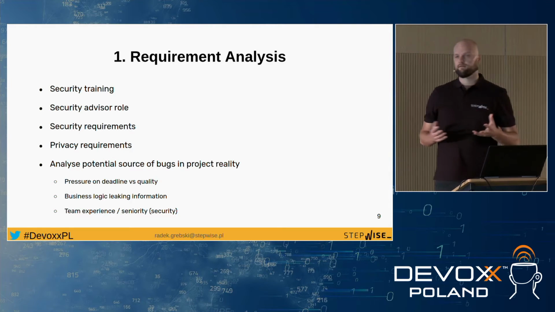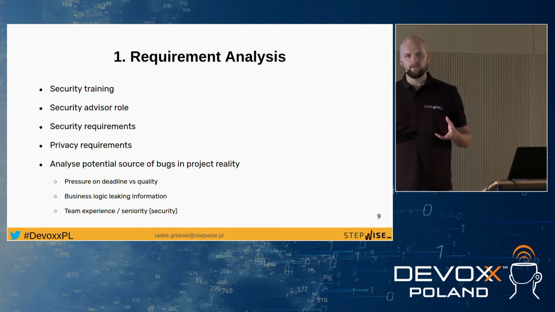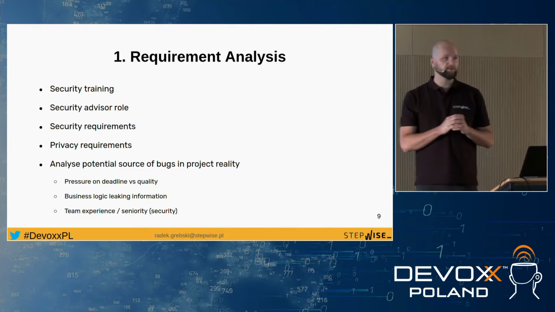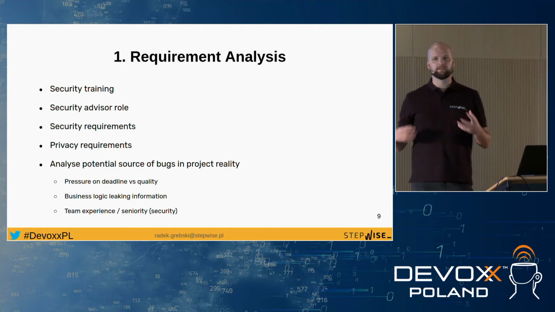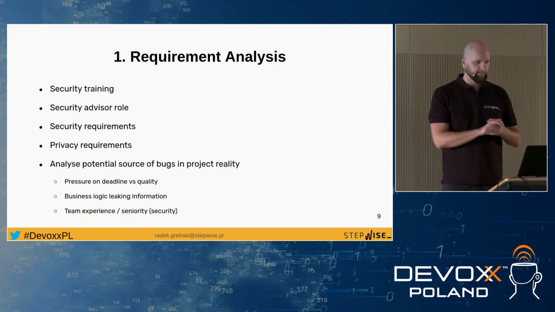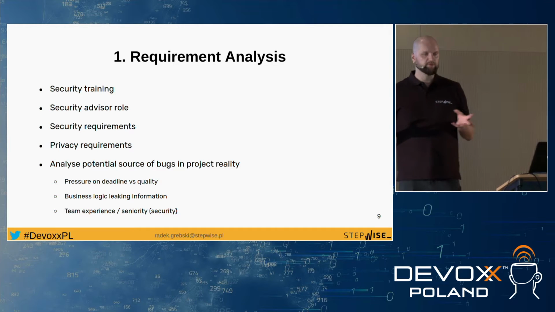This is the very early stage of our project or our sprint, whatever. At this stage, we should consider doing security training for our team and our company. Maybe there is someone in the company who already has a security advisor role.